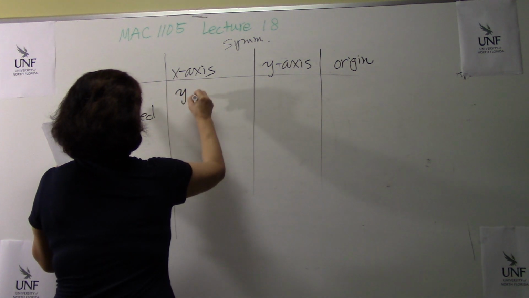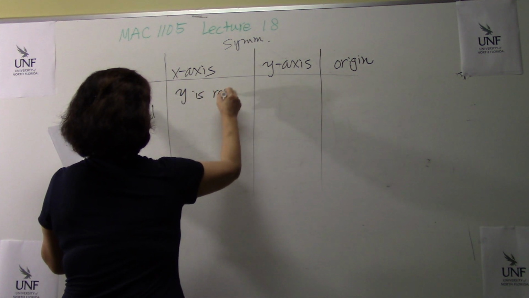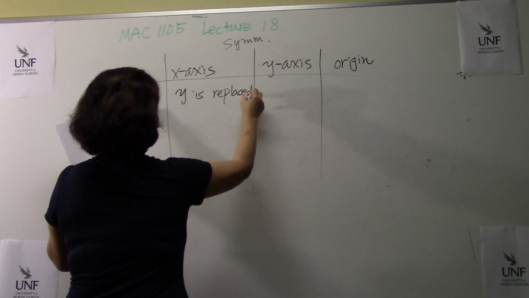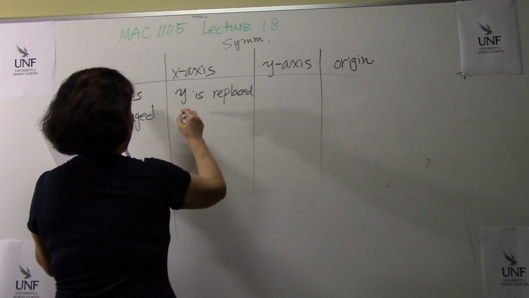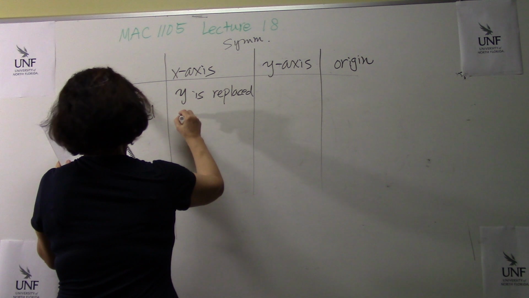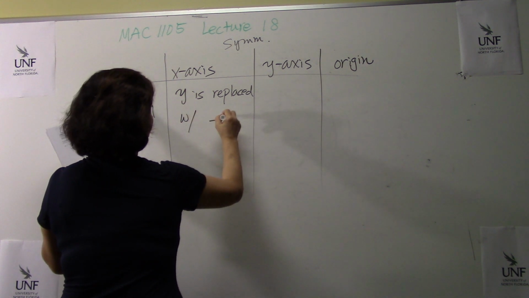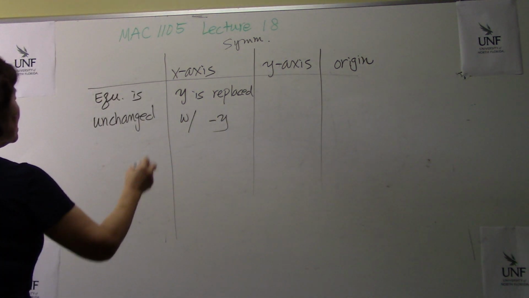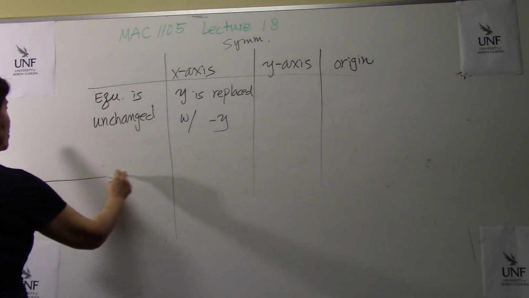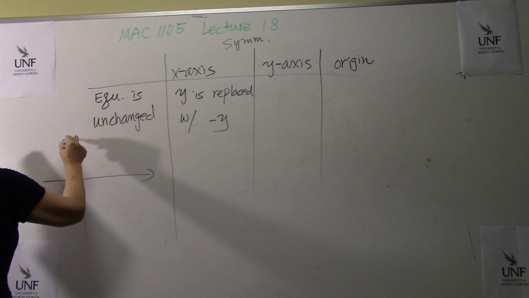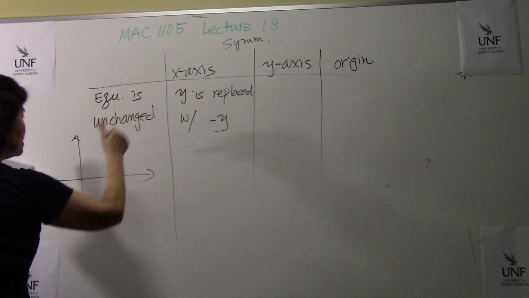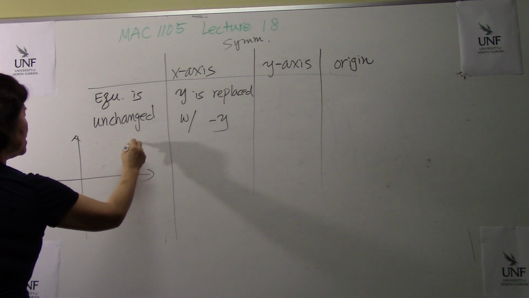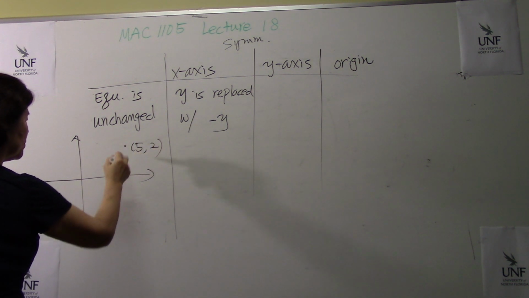y is replaced with negative y. Okay? So imagine symmetry is about the x-axis. Pick one point, for example, here is 5, 2.